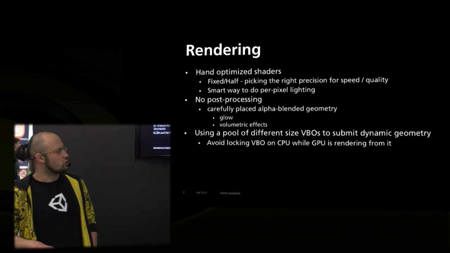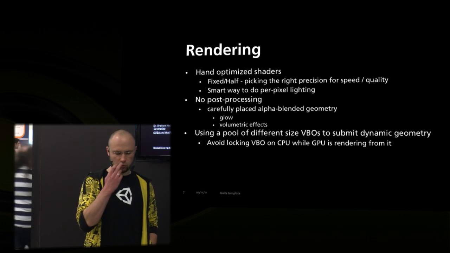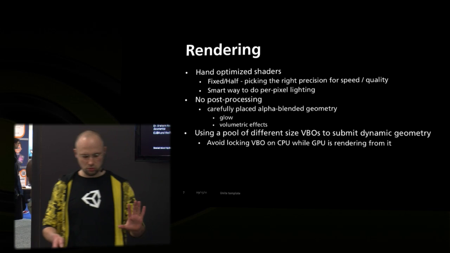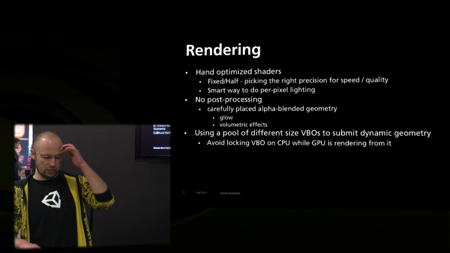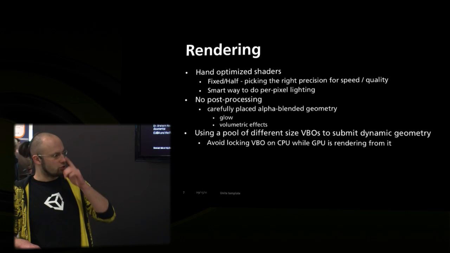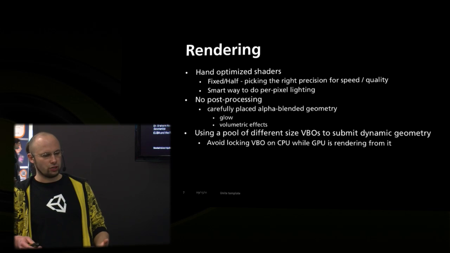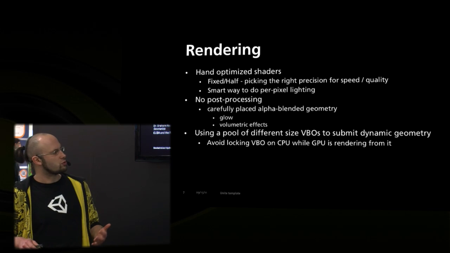The third point: it was not feasible to use post-processing. Instead, we decided to keep the overall look of the game, the base art, and the amount of geometry as high as possible, and not spend it on post-processing.